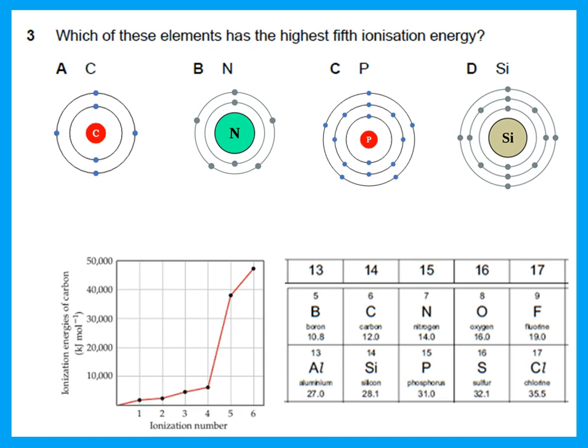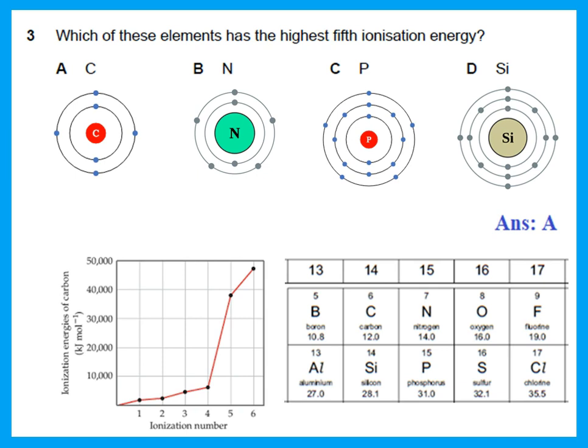It's actually the innermost shell, so that will be very hard to remove. So carbon would have higher fifth ionization energy than silicon, because the electron we're removing in silicon is further away from the nucleus, less attraction force, easier to remove.